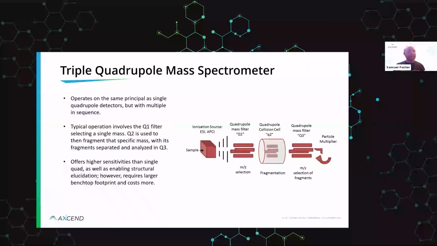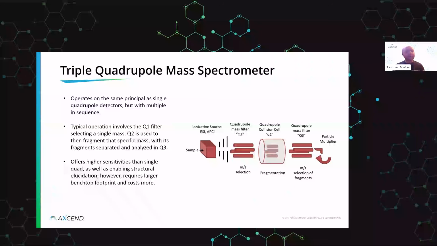Because of that, they have introduced something called the triple quadrupole mass spectrometer. This is a furthering of that mass spec system. So you take your initial single quadrupole to filter out mass to charge ratios. You then have your second, or Q2 region, where they have a collision cell which fragments your molecule.